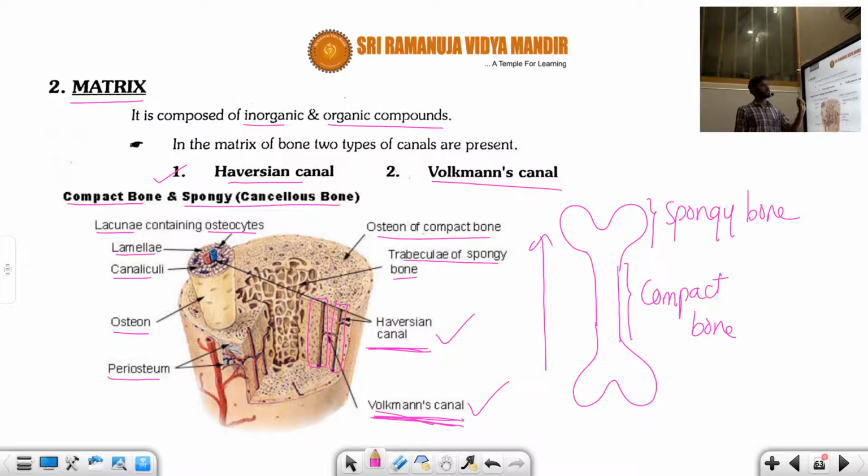One Haversian canal is connected with the adjacent Haversian canal by the Volkmann canal. You can see this is a Volkmann canal. Now you can see the diagrammatic representation, students, for your reference. I hope you understand this point, right? Let us see the next part.